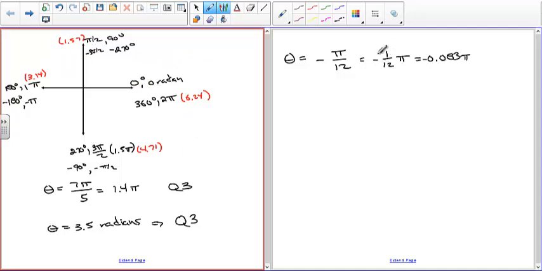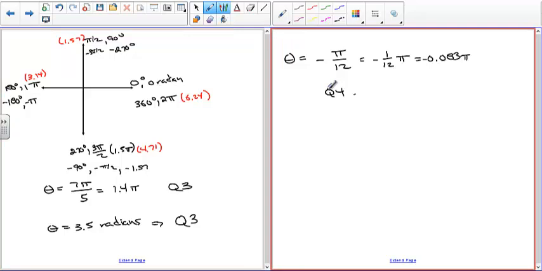So from a negative perspective, we have negative 0.083. Pi over 2 was 1.57, so this is negative 1.57. Because we're between 0 and negative 1.57, this one ends up being in the fourth quadrant. So that's kind of how those problems work.